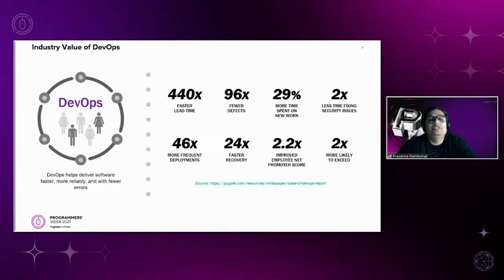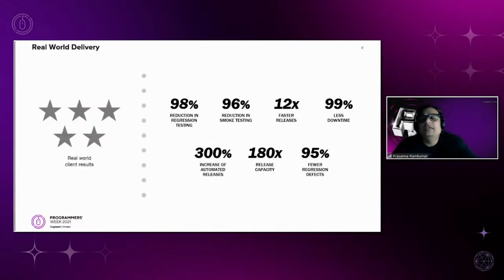These are some of the industry metrics, and this is some of our own metrics from our projects and some of the case studies. It reduced the regression testing on some of our projects by 98%. It increased our releases to production 300 times.